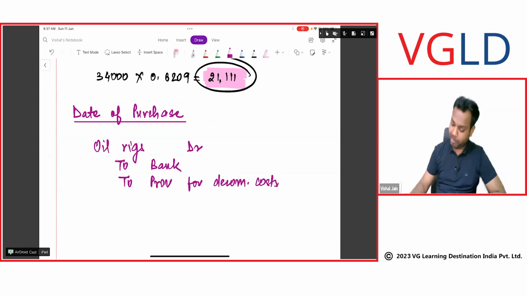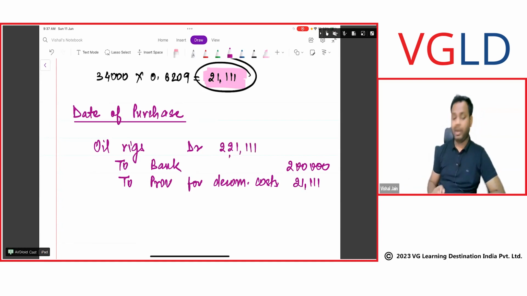Bank is how much? We paid 200,000 and the decommissioning cost is 21,111, so it is 221,111. This is the entry on the date of purchase.